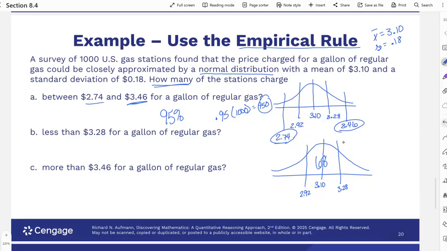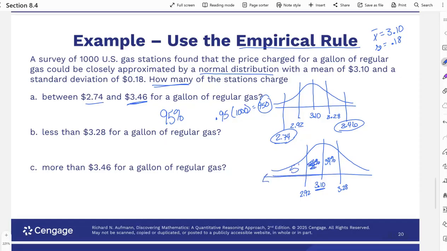So let's think about what we know. That 68% would have to be split evenly between here and here. So I would have 34% here, and I would have 34% here. Let me write that as a percentage instead of a decimal. Now, I also know, because this is symmetric and that 3.10 is the mean, that all of this is really 50%.